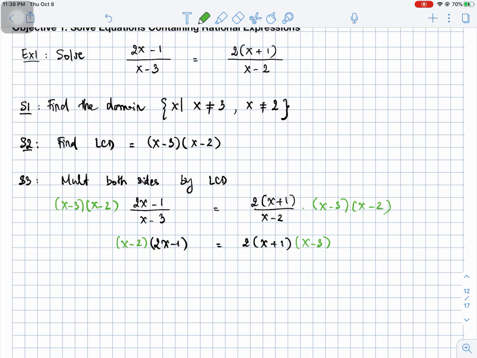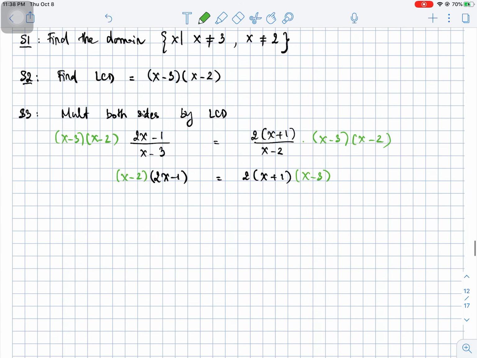Every time we try to solve an equation that contains a fraction, we need to get rid of the fraction first before we solve. We get rid of the fraction by multiplying both sides of the equation by the LCD.